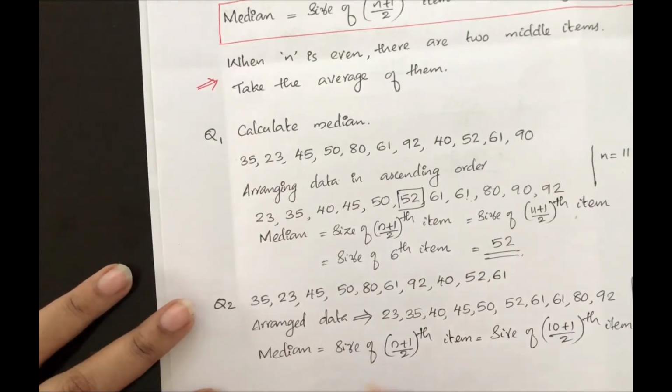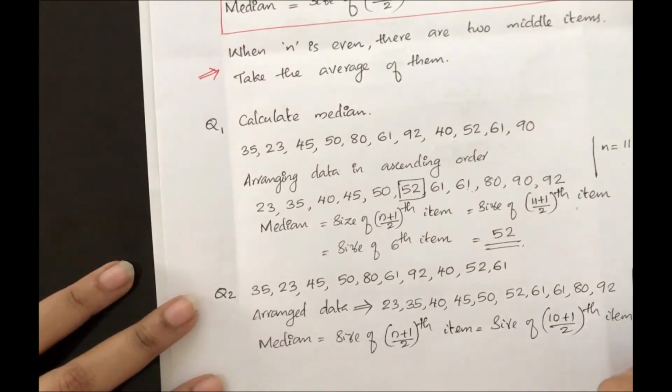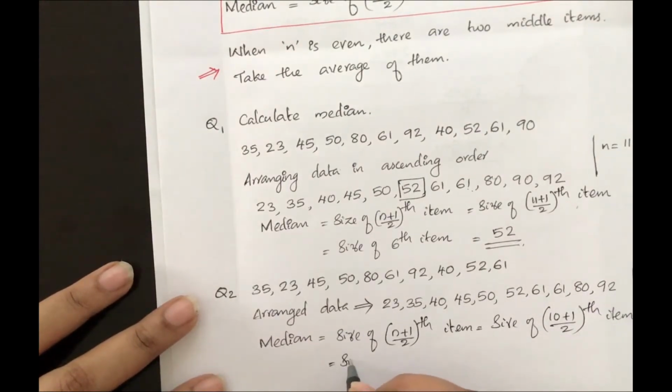So, there are two median values, 5th and 6th, which is equal to the size of the 5.5th item.